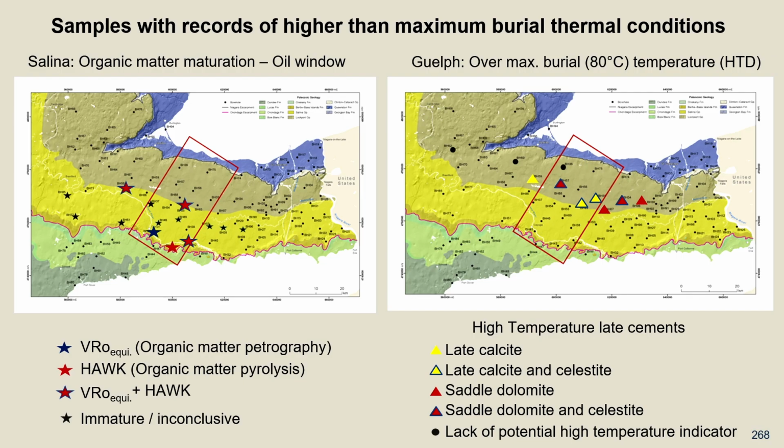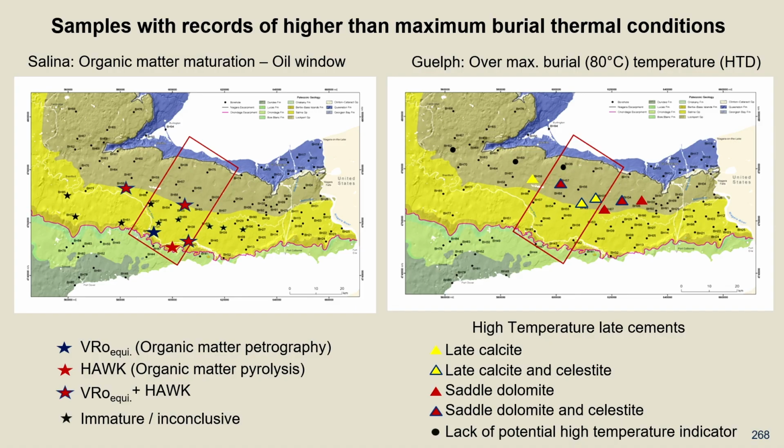Now, if we plot the early information that we have on the map with the anomaly, when we look at the organic matter, the map to the left, we do see anomalous thermal conditions recorded by the organic matter, either from the pyrolysis or from the organic matter petrography, in the anomalous domain, and slightly out of it in one sample.